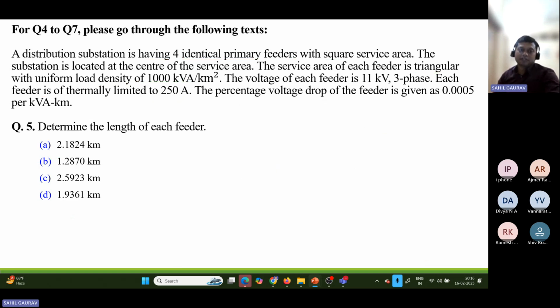Now coming to the next problem. In this problem, you have to find the length of each feeder. Here I will provide you one hint.